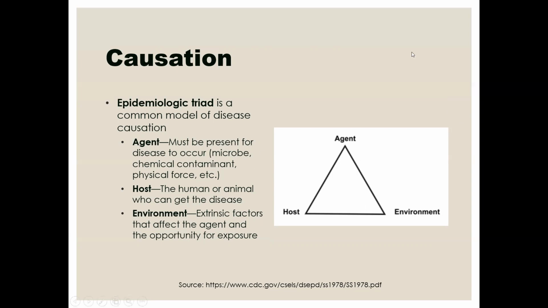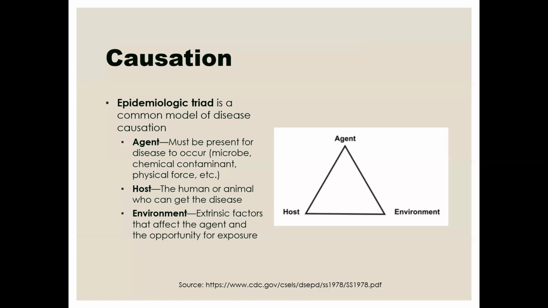And then the last piece is the environment. So what are the extrinsic factors that need to be there? So for the case of cholera, we needed to have the well, right? That pump A. For COVID, we needed to have people who could host the virus, right?